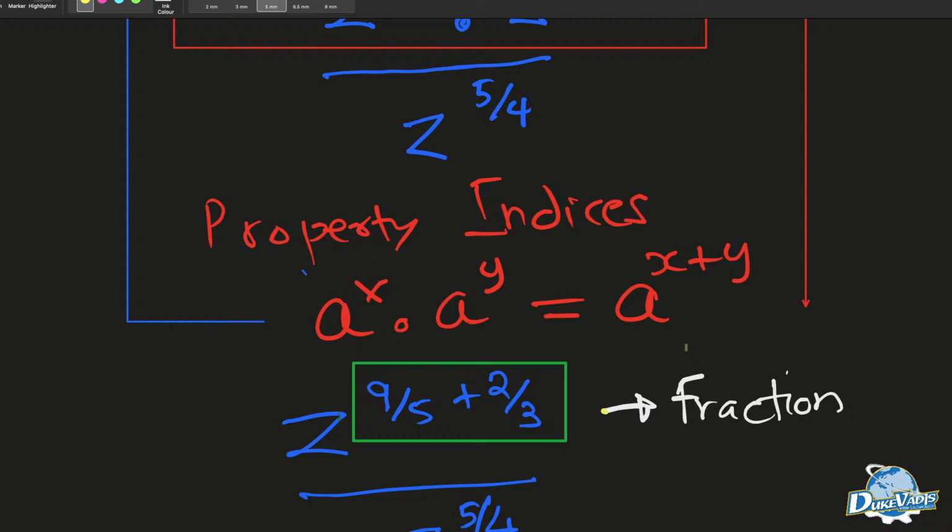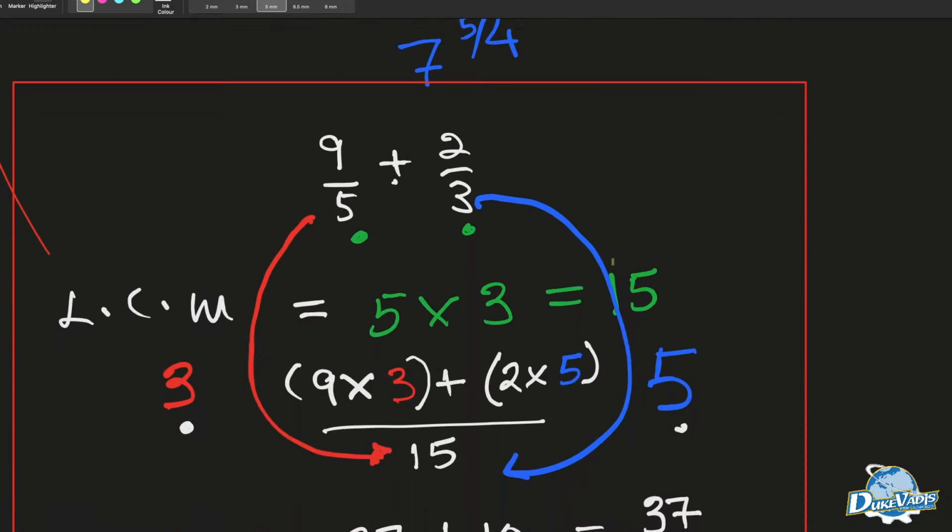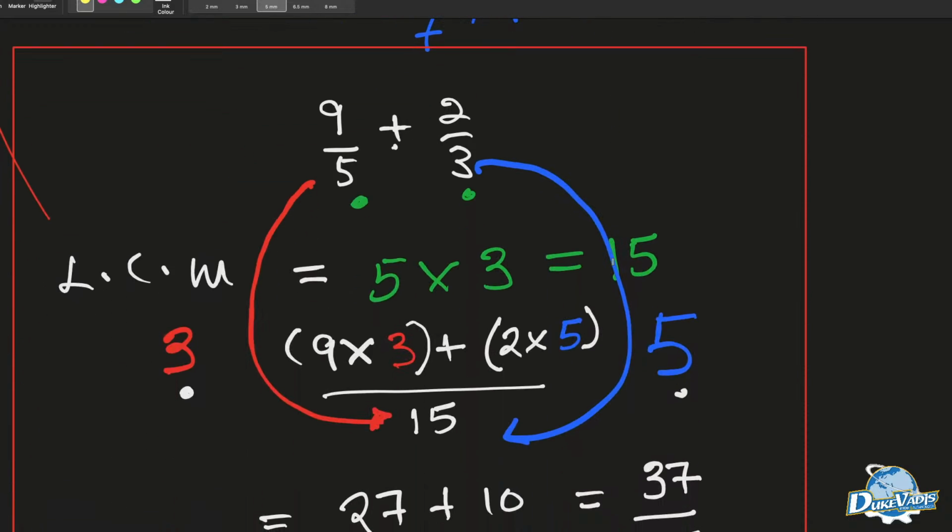By so doing, if we apply this, we are going to have z raised to the power 9/5 plus 2/3, and this becomes a fraction. That's what we highlighted with green. So now our concentration boils down to simplification of the fraction. We decided to apply the rule.